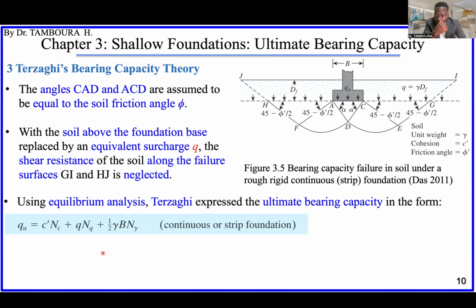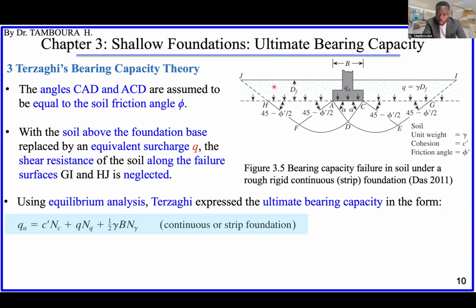Okay. So this cohesion is the cohesion of the soil beneath here. This unit weight is the unit weight of the soil beneath the foundation. But this surcharge contribution is the contribution of the soil above this foundation. Okay. So be careful when you have layered ground.